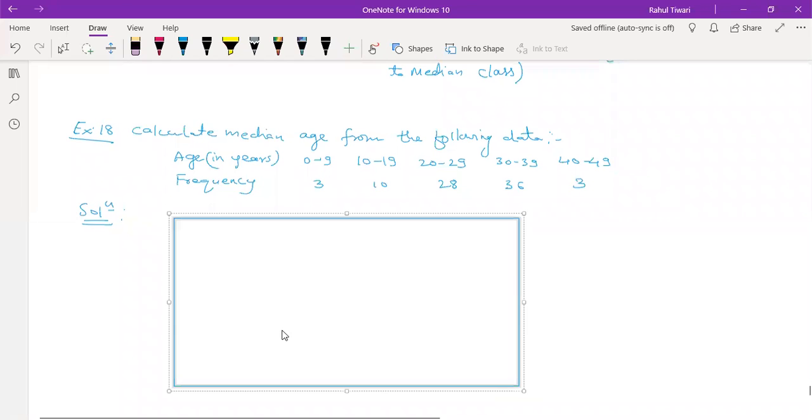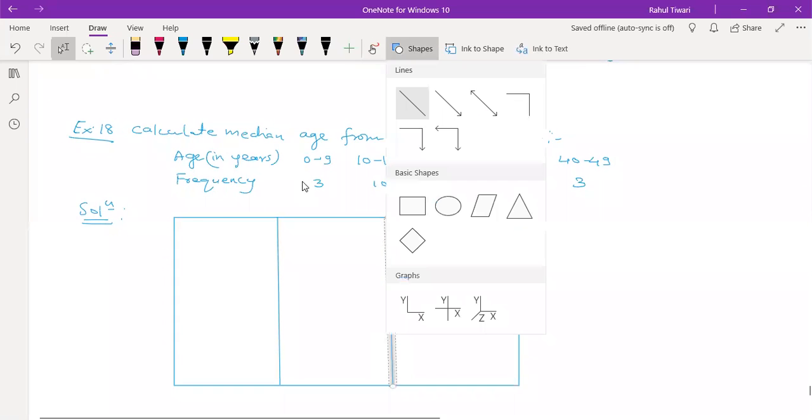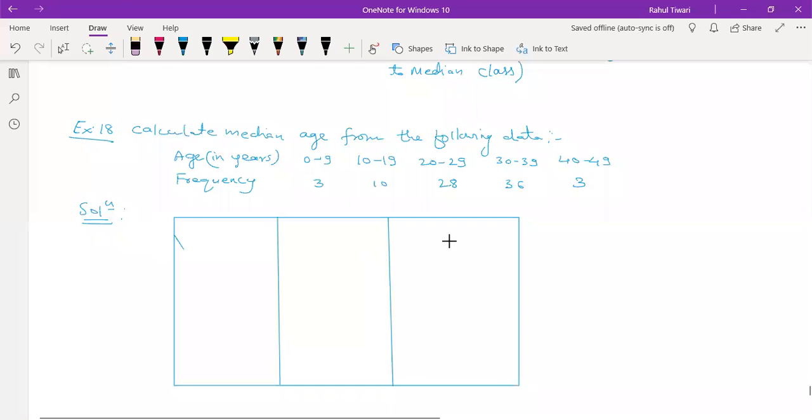First of all, I need an interval column, which is not continuous, so to make it continuous, and then we have another column, which is frequency, and then the less than type column.